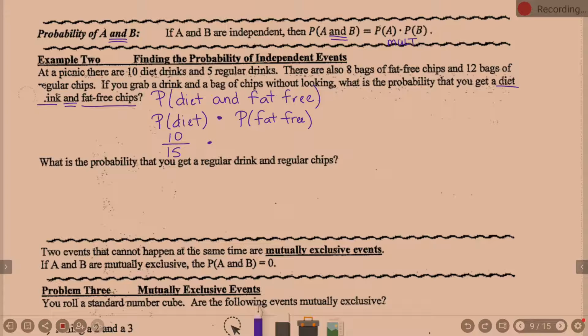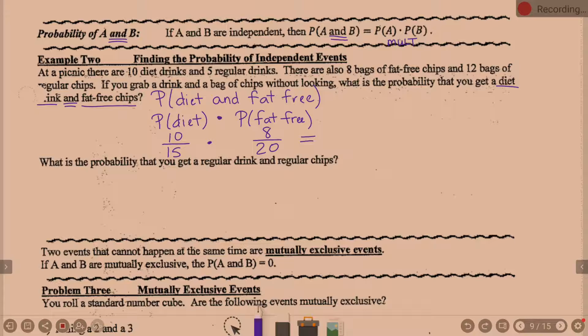Okay, Levi says 2/5. Hogan's like, I like 8 out of 20 better. Are they the same? There's how many fat-free chips? 8. Out of how many bags of chips? 20. Now, to be honest, I am going to reduce this. I wrote down the 10/15ths and 8/20ths because I want you guys to see the beginning.